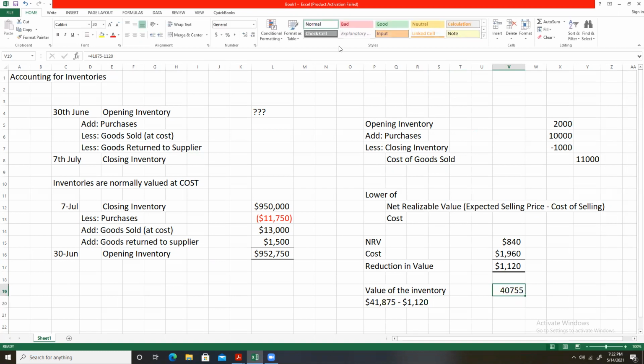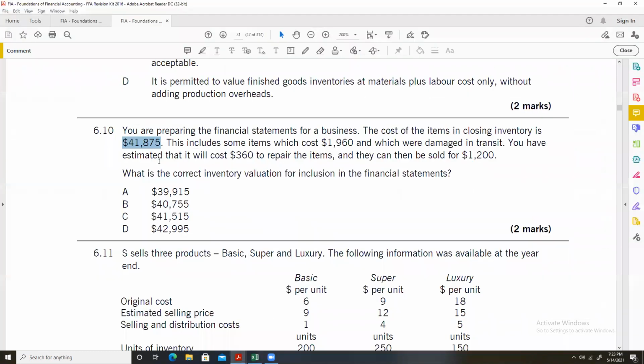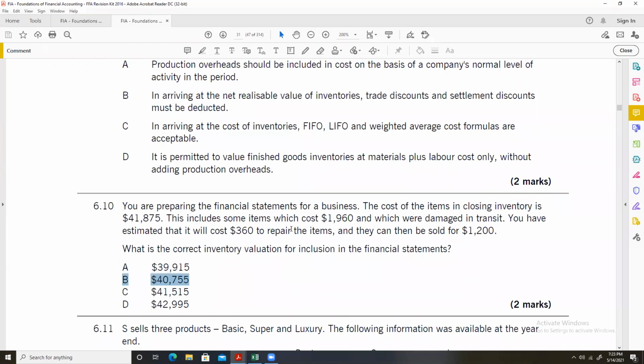This should be the value of the total closing inventory. So this is the correct answer to this one.